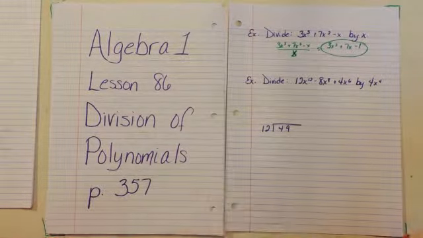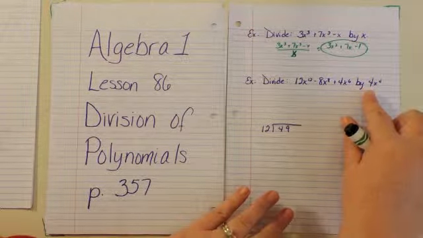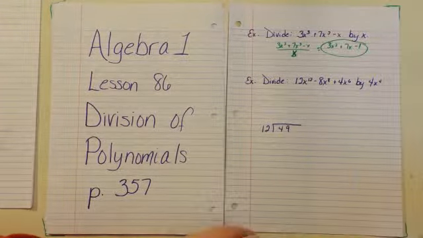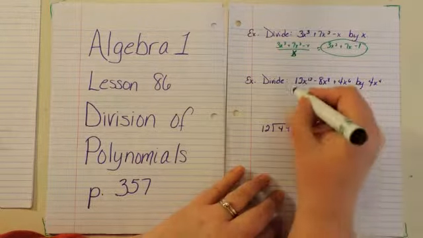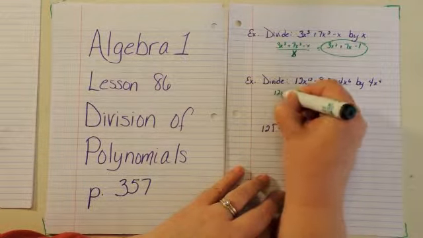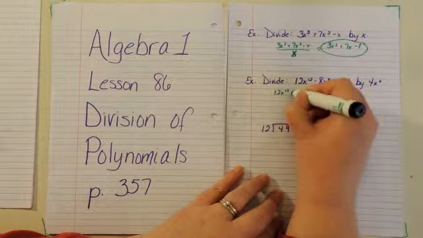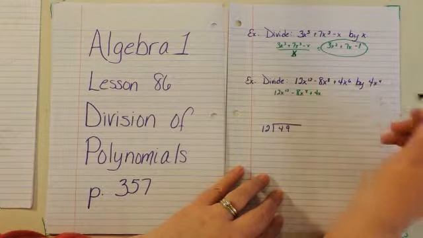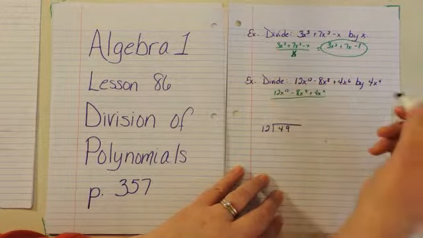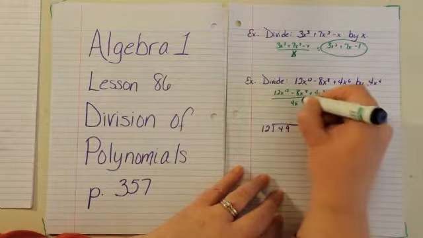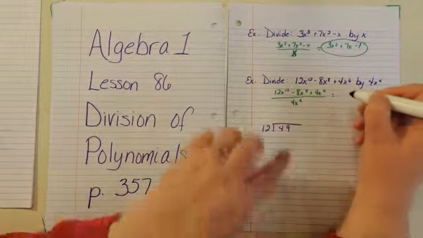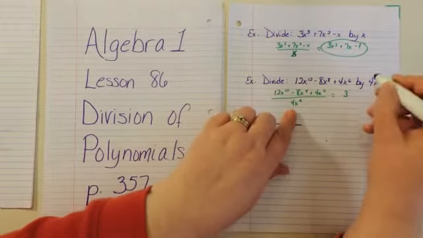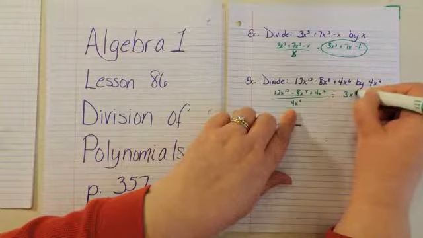Slightly more complicated. Now we have a monomial with a coefficient and an exponent. So now we have 12x to the 12th minus 8x to the 8th plus 4x to the 6th, and we're going to divide that by 4x to the 4th. 12 divided by 4 is 3, and x to the 12th divided by x to the 4th is x to the 8th.